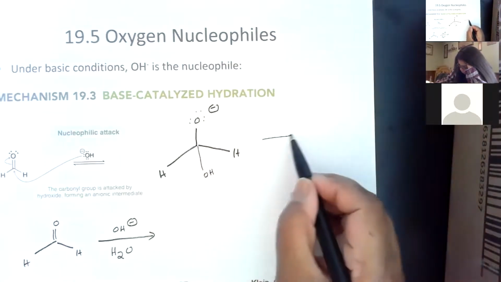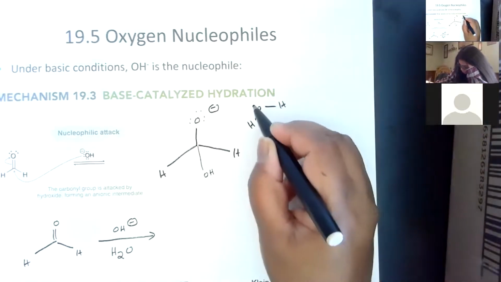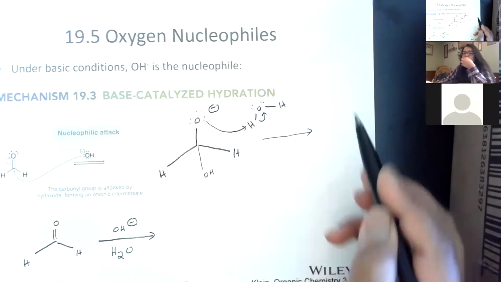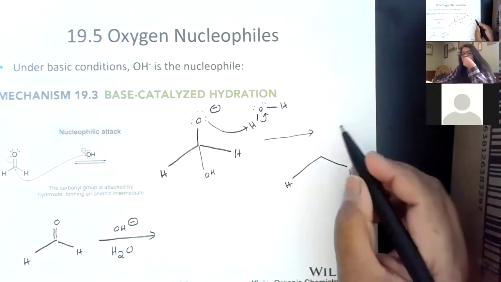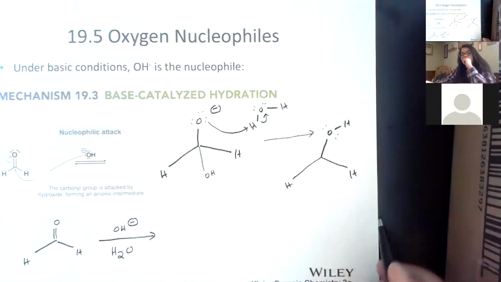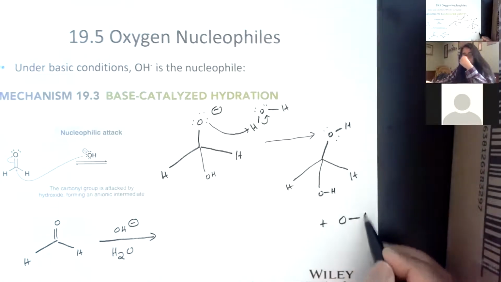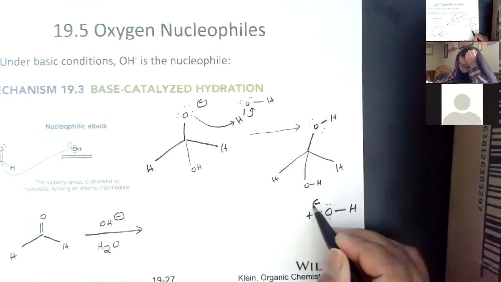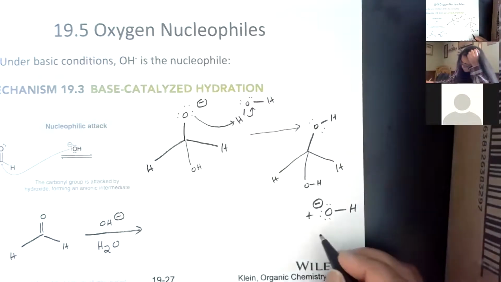Why do they say base catalyzed? Because you get the OH minus ion at the end. So it is a catalyst.